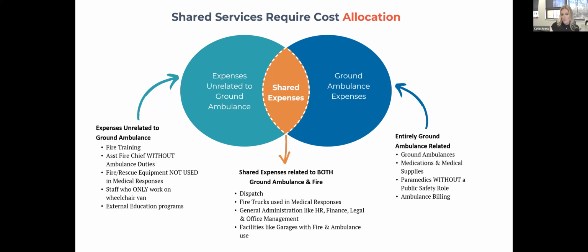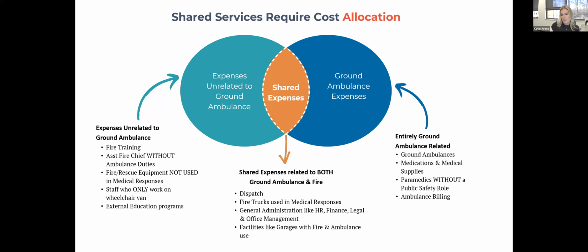Also, if you operate an education program and that program is not providing material, training, or assistance to the ground ambulance operation, those expenses are not going to be included in the ground ambulance data.